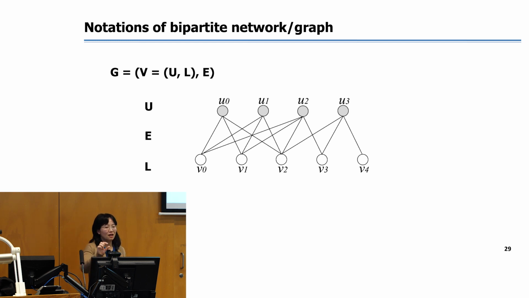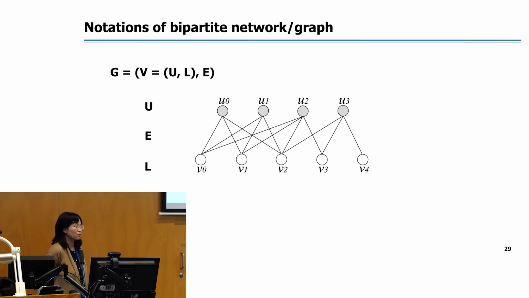Edges connecting vertices on the same layer, like whether U0 and U1, these two users, are friends, we don't care. It's not important for this particular application. So this is the definition of a bipartite network.